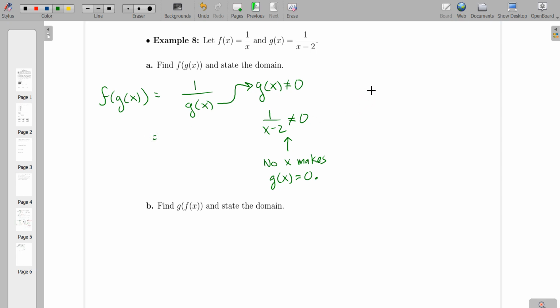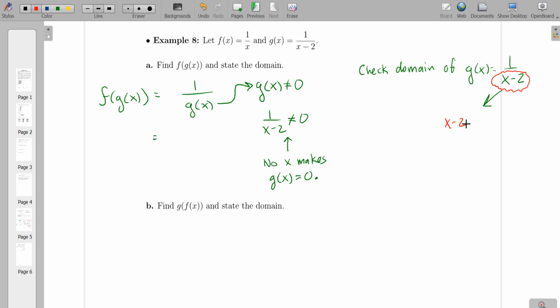But I go ahead and continue to look at the domain. And so we need to check the domain of the inner function. And that does have something we got to watch out for. Right? We want to make sure that the bottom of this fraction is not equal to 0.